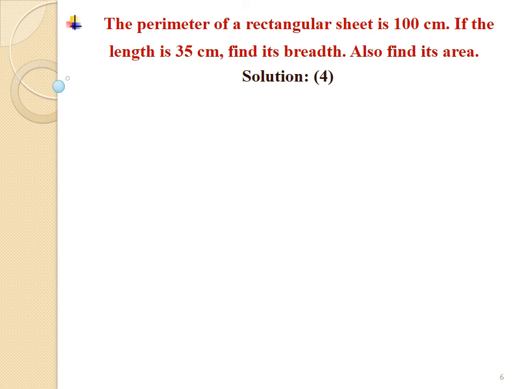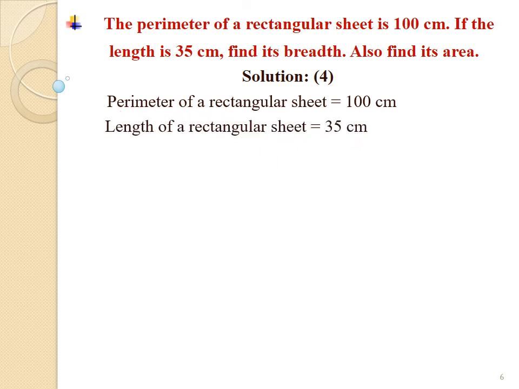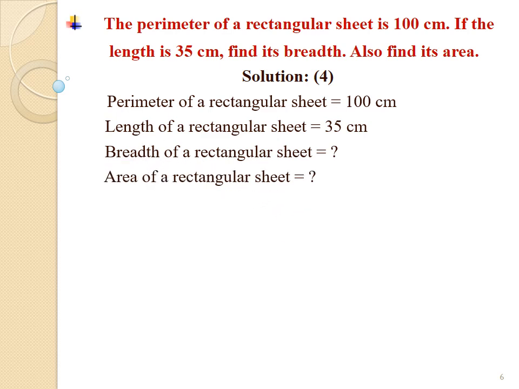Length is given 35 centimeters. Perimeter is given 100 centimeters. Therefore, breadth equals to how much? And area equals to how much? Perimeter equals to 2 into (length plus breadth), which is equals to 100 equal to 2 into (35 plus breadth).